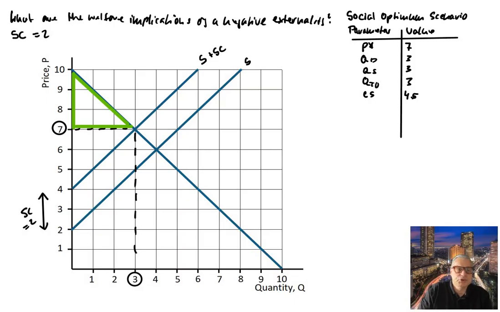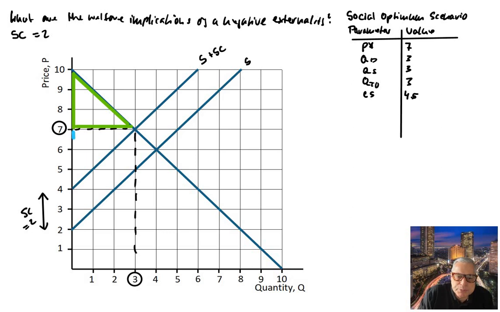What about producer surplus? So producer surplus is everything below the price that the producers get and above the supply function, but in this case, of course, we do everything with respect to the private cost plus social cost.